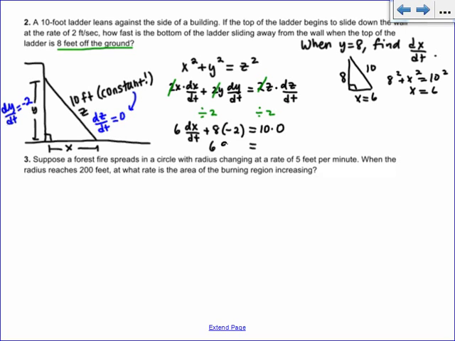So we get 6 dx over dt minus 16 equals 0. So I'm going to add the 16 over, so equals 16. So dx over dt equals 16 over 6, which is 8 over 3, which you could write as 2.6 repeating, or 2.667.